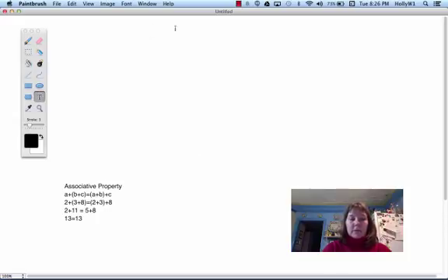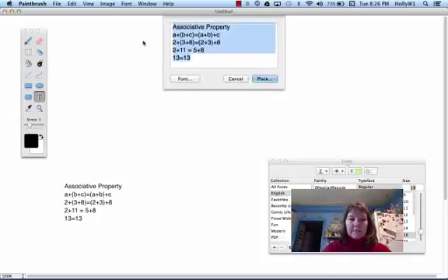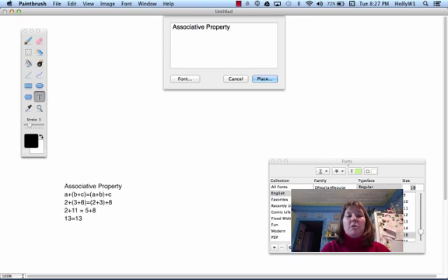The associative property is also true for multiplication. So if I say 3 times the grouping of 4 times 5, is that equal to the grouping of 3 times 4, times 5? Well, 4 times 5 is 20, and 3 times 20 is 60.